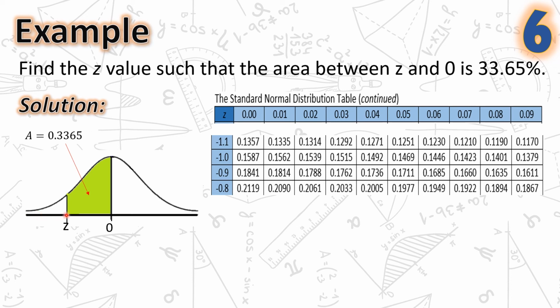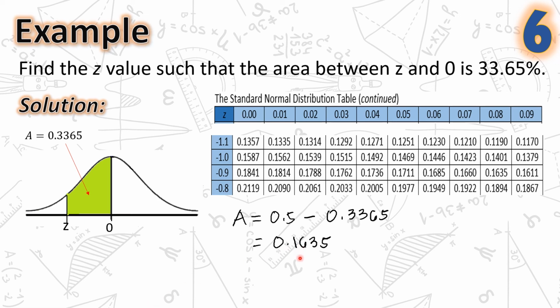Hence, from 0.5, we can subtract 0.3365 and the resulting area or value, we can look at the table and locate the value for z. So first, let us find the area to the left of z, and that will be equal to 0.5 minus 0.3365. So we have the area as equal to 0.1635.